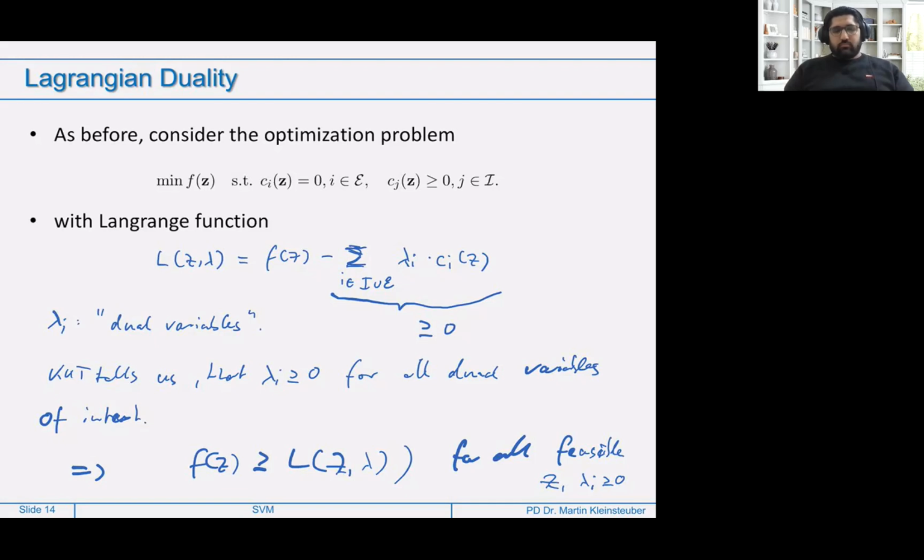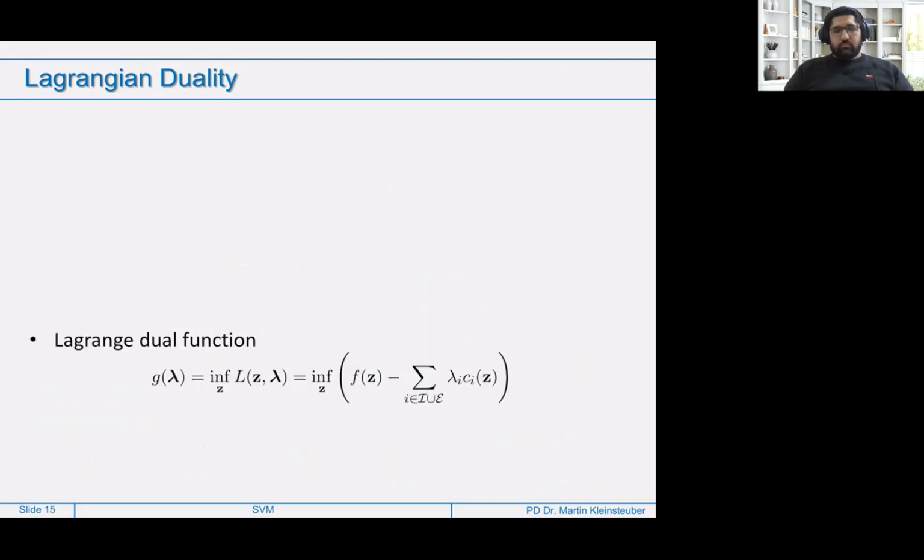If we fix a z, we can look for which lambda this gap is the largest. So we are interested in looking at this part here.